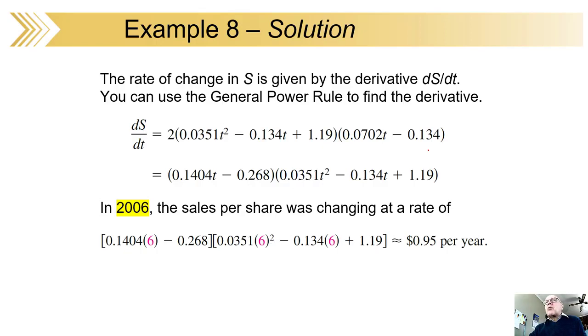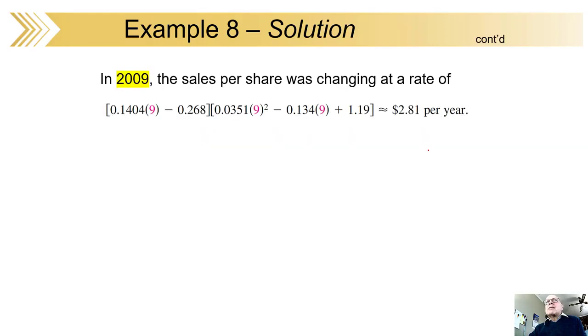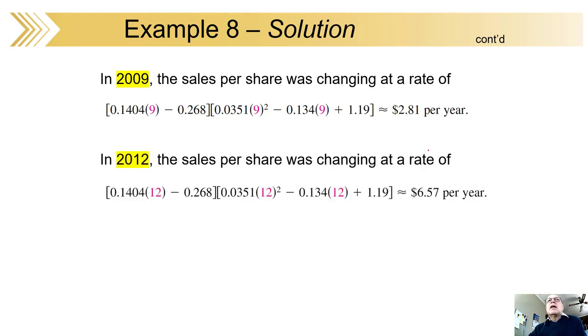So as a stockholder, you're thinking, oh good, the stock is going up, it's gaining in value. Fantastic. How about 2009? Just put a 9 in where you put the 6 in before. It's doing even better. It's going up at $2.81 per year. 2012, just put a 12 in and see what you get.